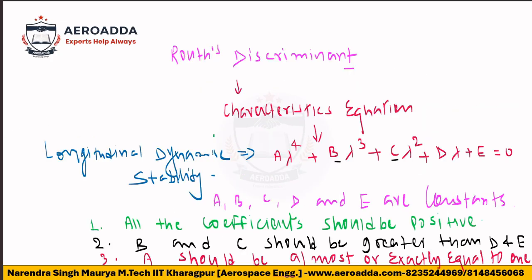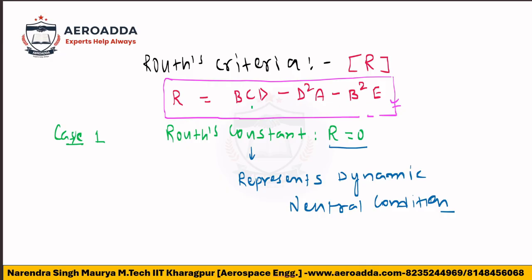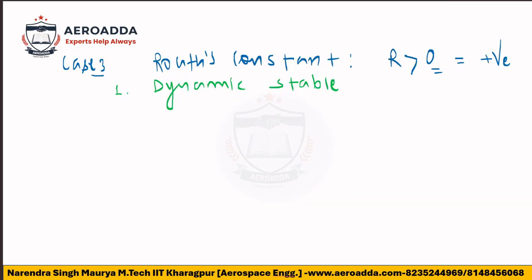From the characteristic equation you find A, B, C, D, E, and use this formula: BCD minus D squared A minus B squared E. Use this formula and find R. If R is positive, that represents a dynamic stable condition. I hope you understood.